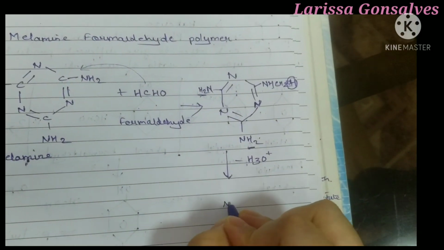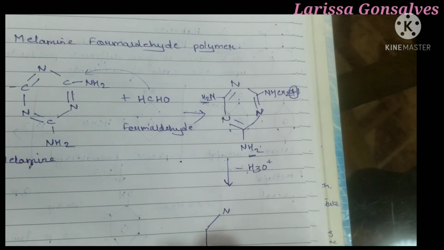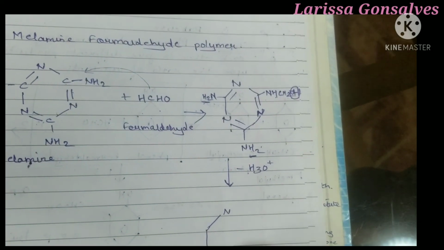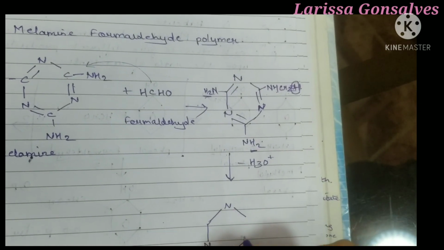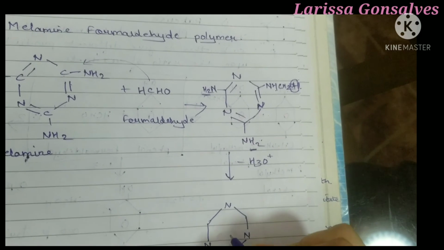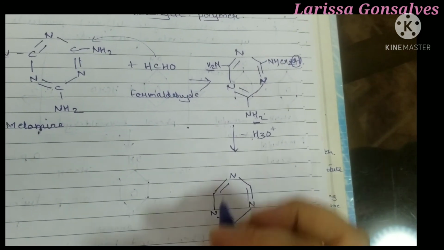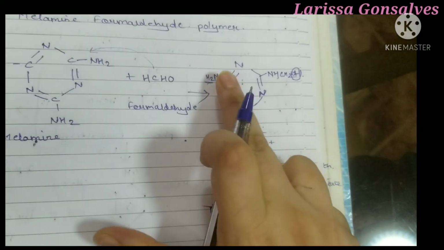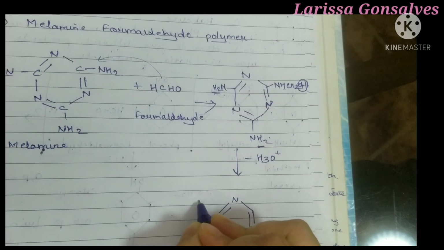You will write the structure as it is. Okay, you have another N here, then you have a carbon atom, right? So this is your structure. Now you are removing one H from here, so you will be left with NH.